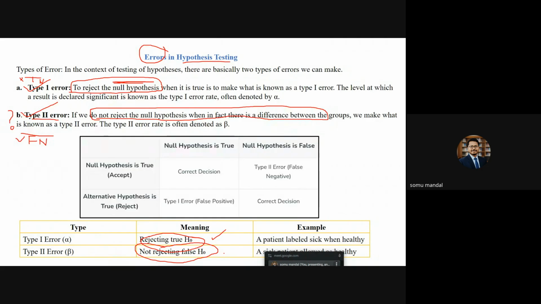One-tail test means there is a direction, it may be greater than or less than. Two-tail test means there is no direction. We only try to investigate the hypothesis: there is no impact, no effect on A, on B, on Y.